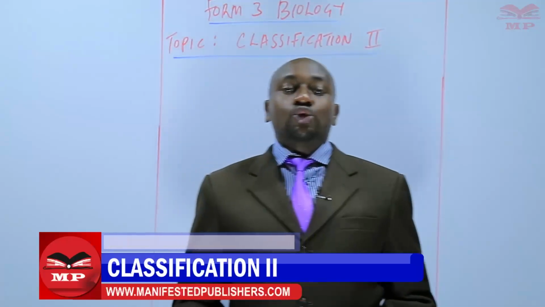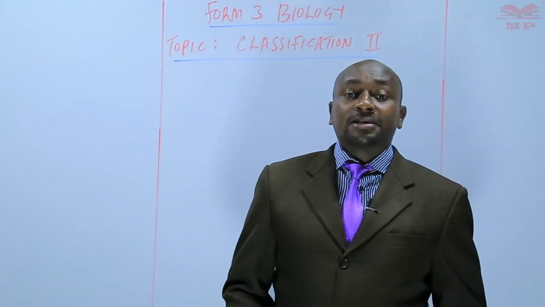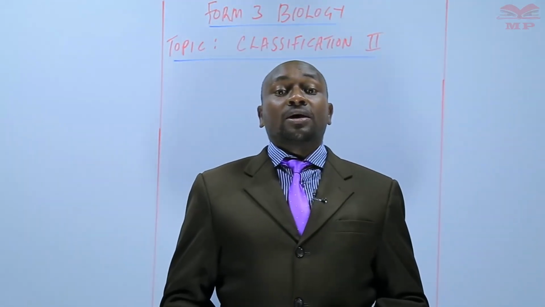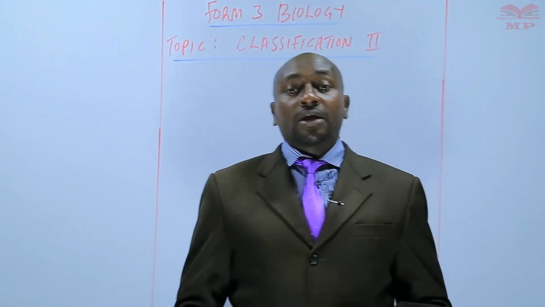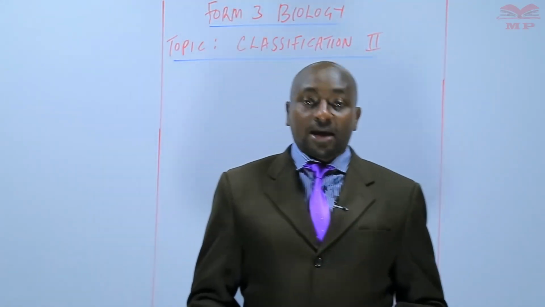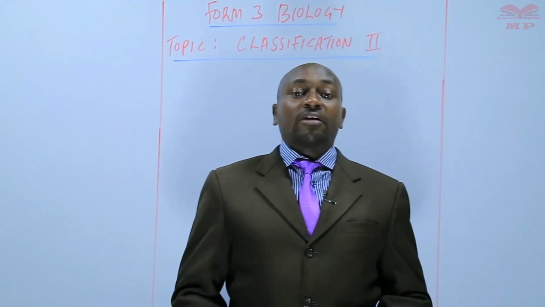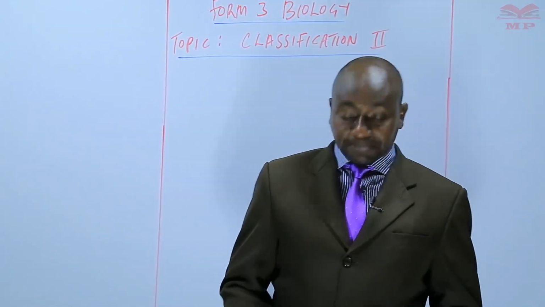Hello learners, my name is Stephen Kariungi, and today we continue with our topic of discussion, which is classification 2. Previously, we discussed the 5 kingdoms of taxonomy, whereby we learnt about kingdom Monera, kingdom Protoctista, and kingdom Fungi. So today, we shall embark on the 4th kingdom, and this is Kingdom Plantae.